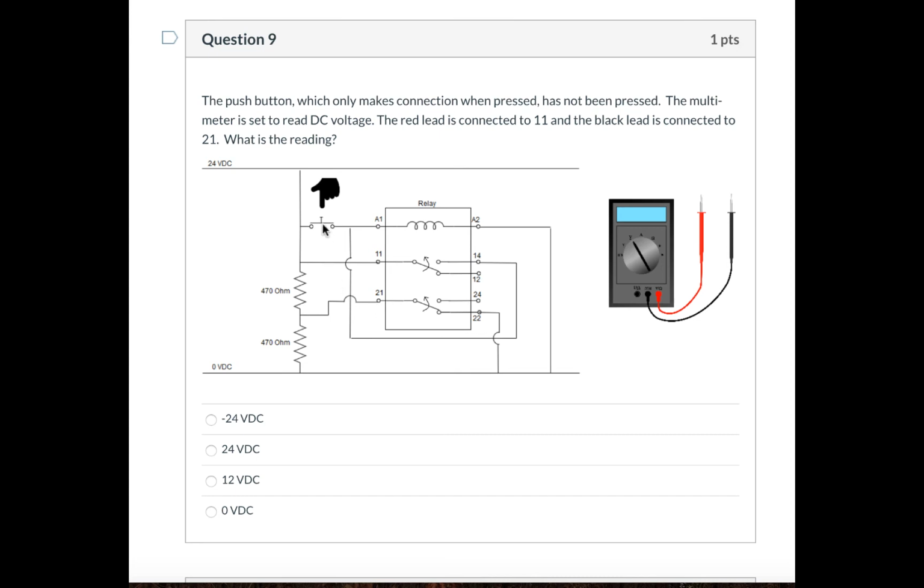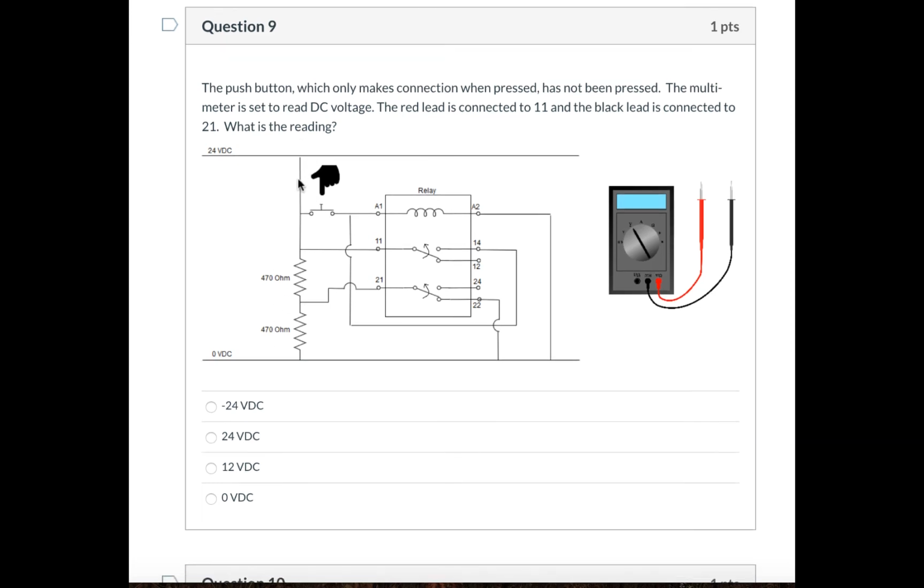And this button has not been pressed. So what do we have happening? Current is going to want to get to 0 volts. Coming down here, it can't get across here because this hasn't been pressed yet. Coming down here, it can't get across here because this leads to 12, which doesn't go to ground. Down through here and coming across, it can come and get to ground.